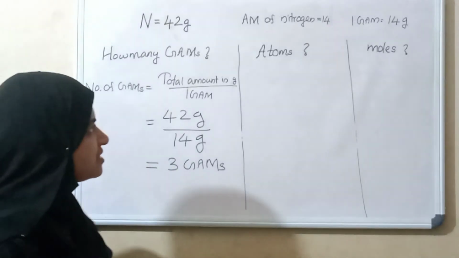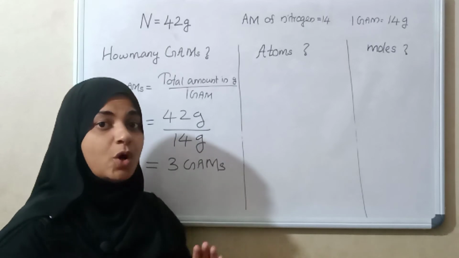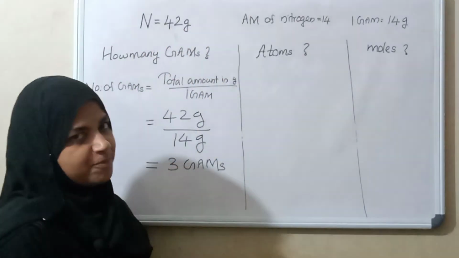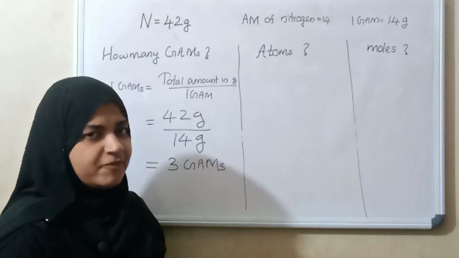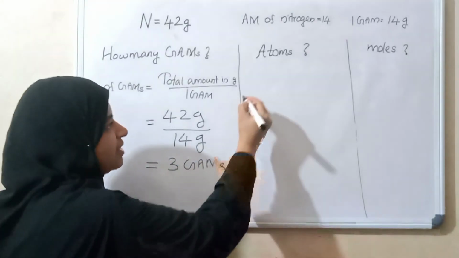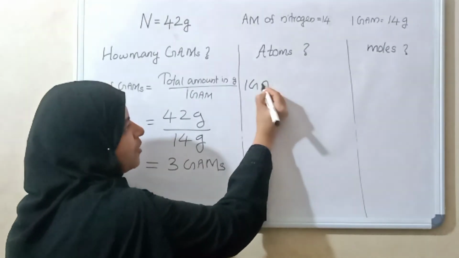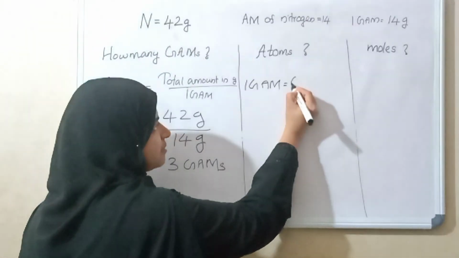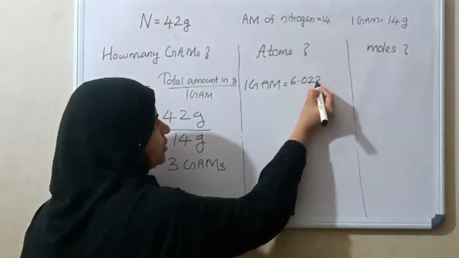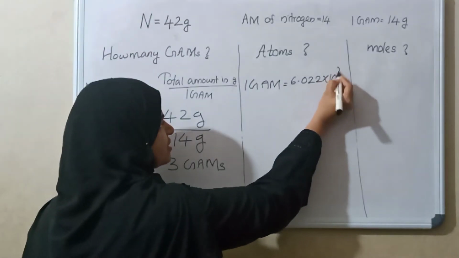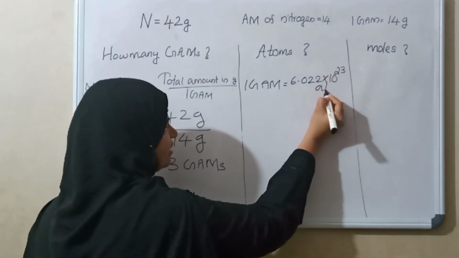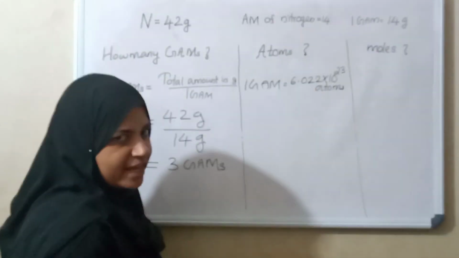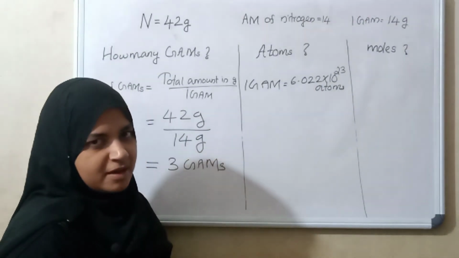Yes. Next we want to find the total number of atoms in the 42 gram of nitrogen. We already said that each 1 GAM of any element contains how many atoms? 6.022 × 10^23 atoms are present in each 1 GAM of any element.